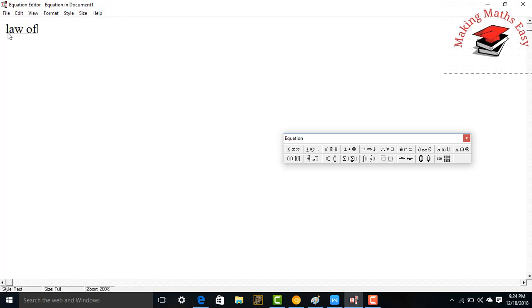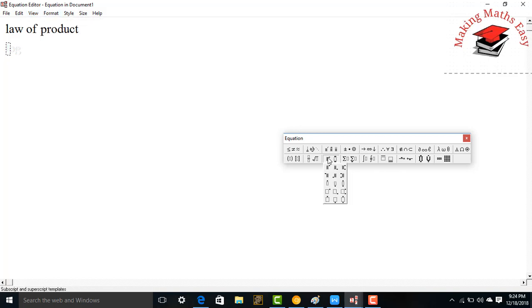Law of product. In order to prove this law of product, we have to write this proof: log of mn base a is equal to log of m base a plus log of n base a. I will show you how.